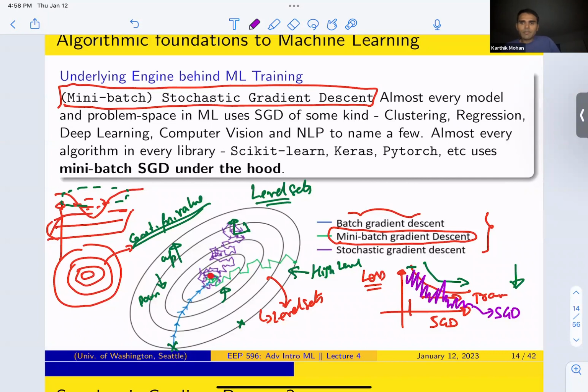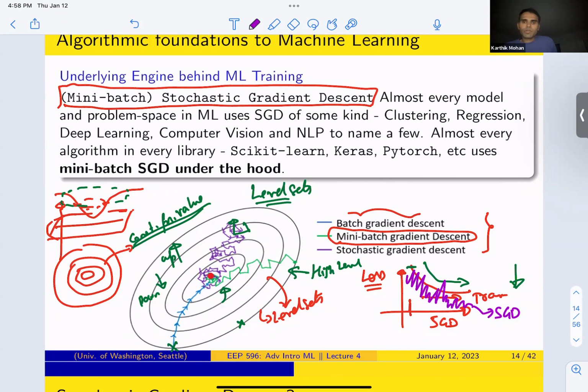So then you say mini batch, or let's work with 10 data points at a time or 100 data points at a time, and then I will cover the full batch in iterations, right? So if you have 100,000 data points and I'm covering 100 data points at a time, then over 1,000 such mini batches, I will cover the full data set.